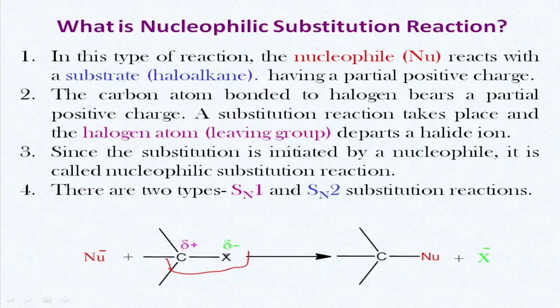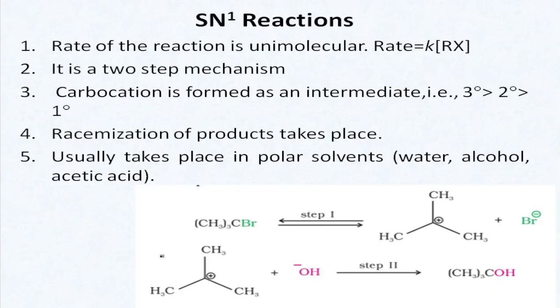So this incoming nucleophile, groups having a negative charge or negative ions, can easily attack the carbon because of the polarity. There are two types of substitution reaction, SN1 and SN2. We are discussing the SN1 reaction first.